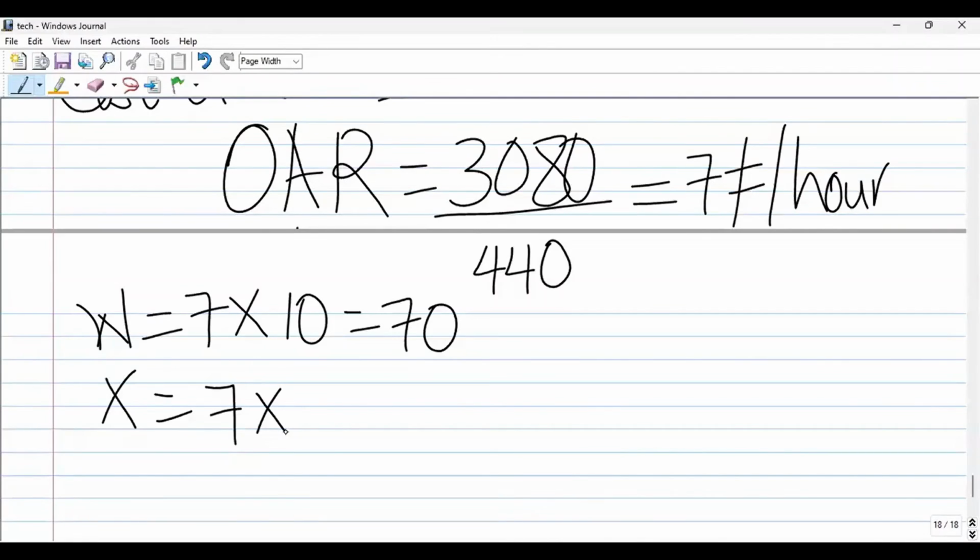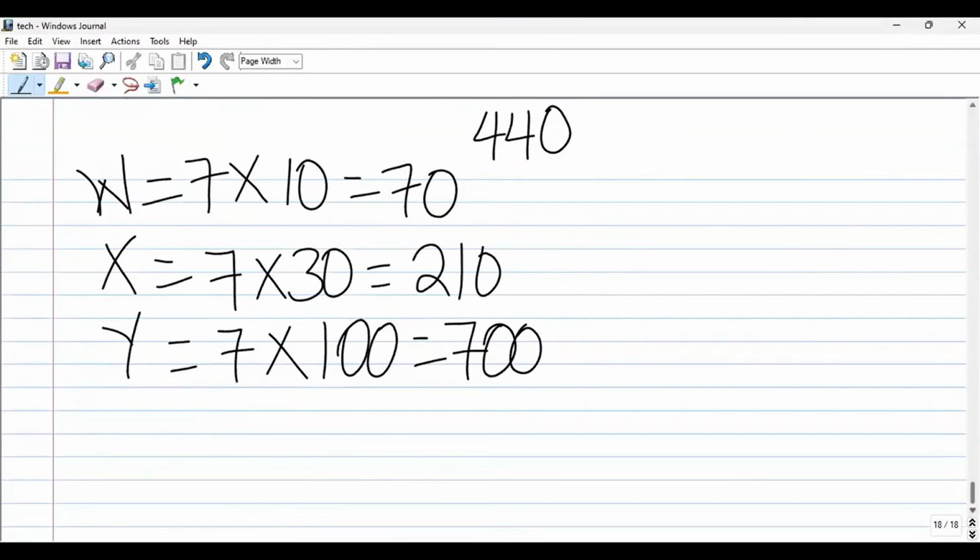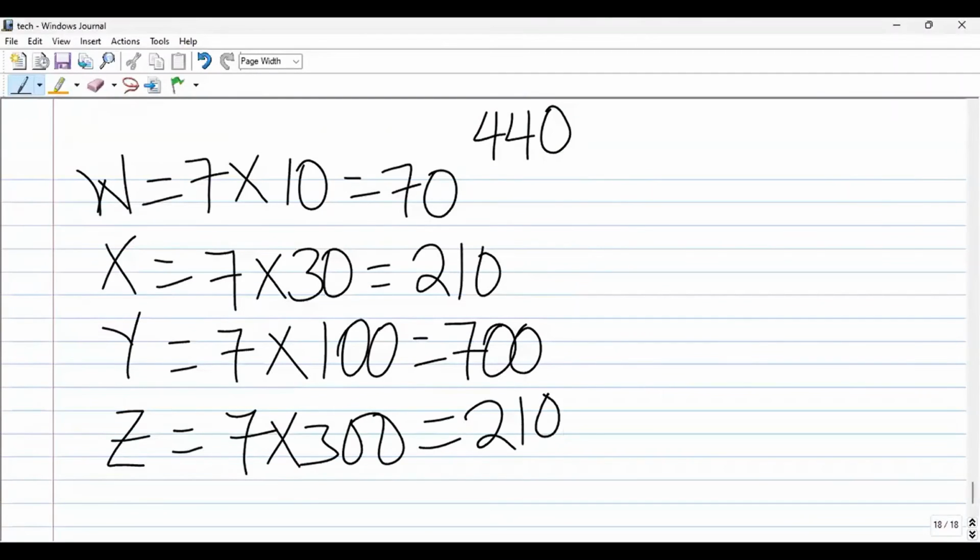So 7 times 30 is 210. For Y, 7 times how many labor hours? 100. 7 times 100 gives us 700. And then Z, 7 times 300, which is 2100.